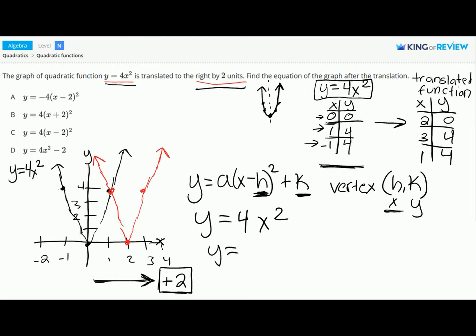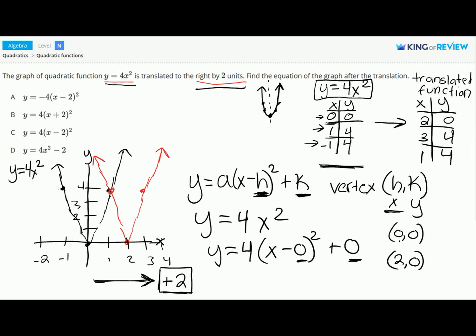Since our parent graph, we could write it like this: x minus 0 squared plus 0. Because the vertex of our parent graph was at 0, 0. So the h value was 0 and the k value was 0. But our new vertex in our translated function is 2, 0. So you can see that we increased the x-coordinate by 2.